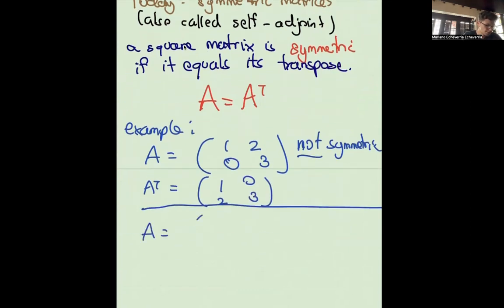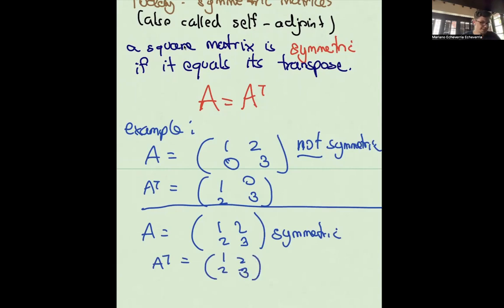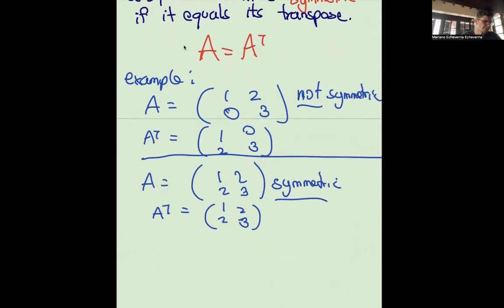But something like 1, 2, 2, 3, that one is symmetric because A transpose is indistinguishable, right? So the point for a symmetric matrix is that you cannot differentiate it from its transpose.